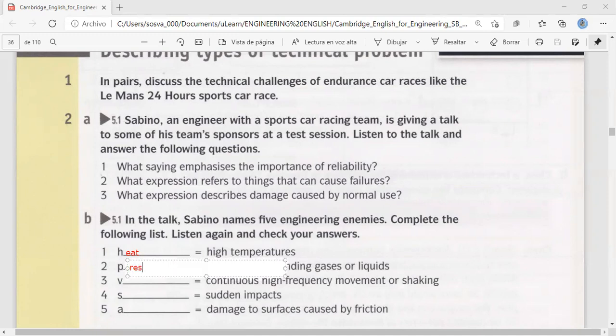Pressure, right? Exactly. Pressure. Excellent.